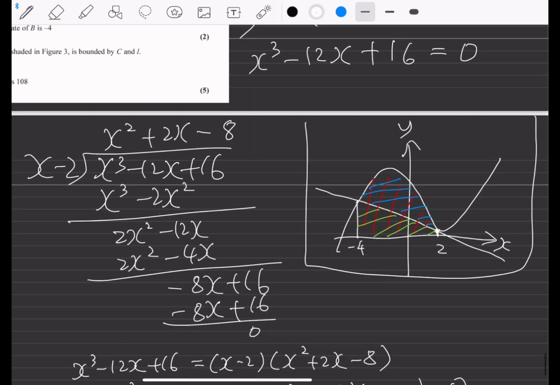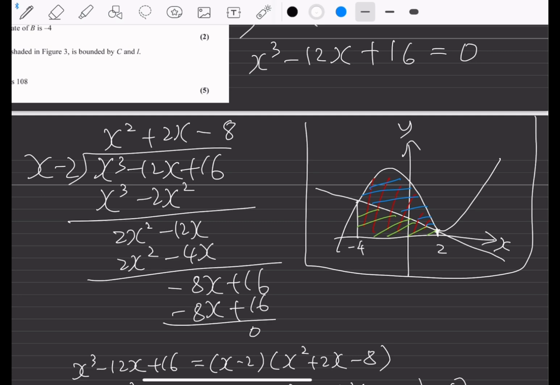As you can see, the enclosed area with the curve and the x-axis will be represented with the red lines, and we also need to find the area represented by the green lines of this trapezium. Once we take away the green area from the red area, we have the blue area, which is exactly what we're looking for.